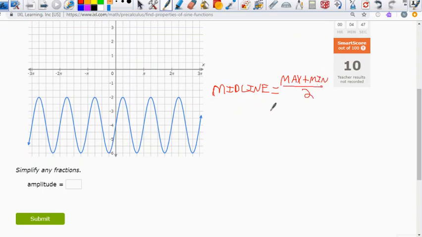So here the midline is negative 2 plus negative 6 over 2, which is equal to negative 8 over 2, which is equal to negative 4. So that's where our midline is, at negative 4.